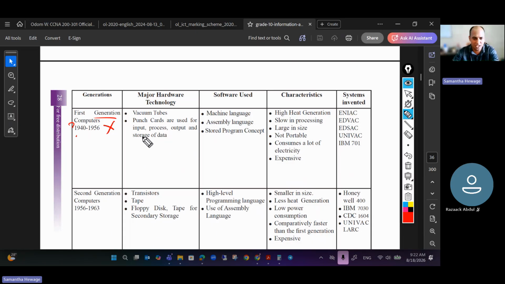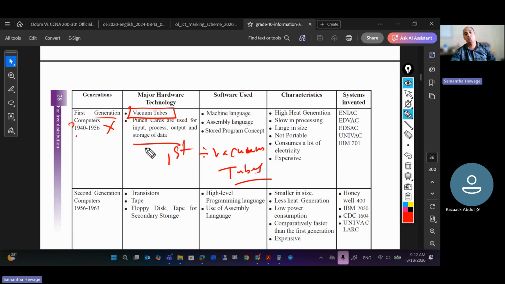Let's say for first generation, definitely the technology is the vacuum tube. So you should know, okay, first generation, main technology, vacuum tubes. Likewise, punch cards are used for input, process, output.